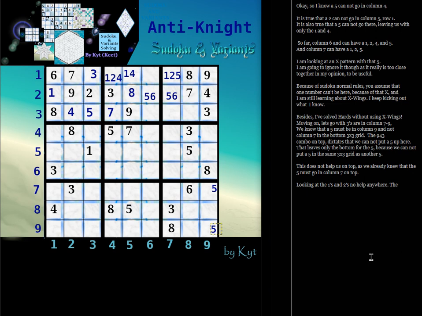The 7 is in the middle, giving us no help. The 4 must be in either column 7 or 8. So we really cannot solve anything over here yet.